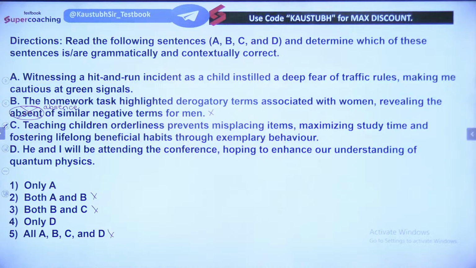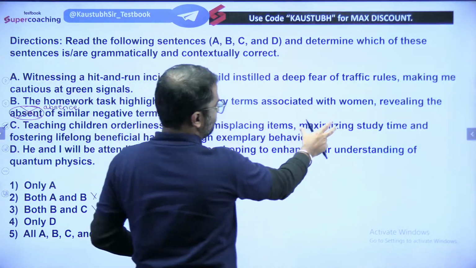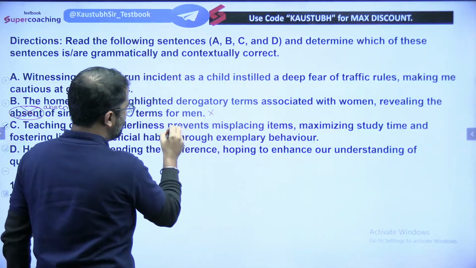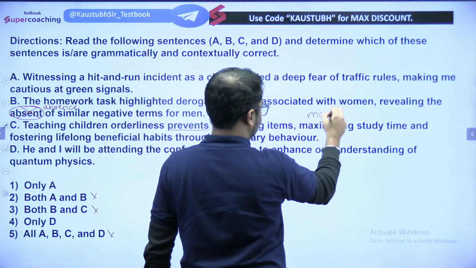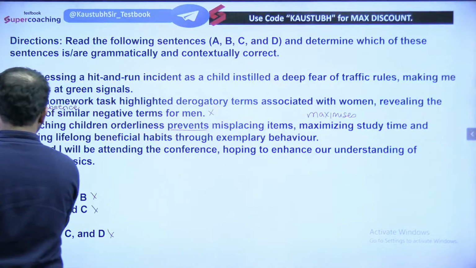So we can eliminate option number 2, 3 and 5. Now we'll have to check only D and A, because C also has an error. Teaching children orderliness prevents misplacing items. Maximizing study time will not go with misplacing items, it will go with prevents. Prevents something, maximizes something, and fosters something.